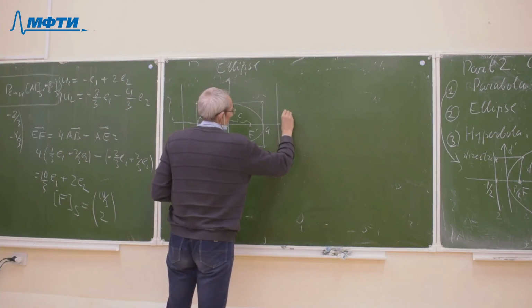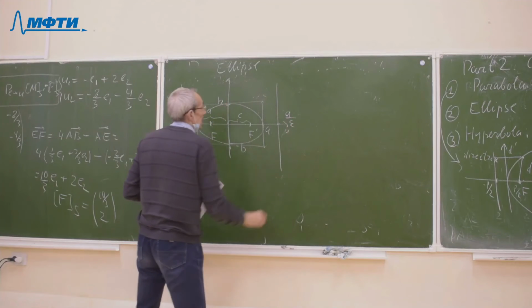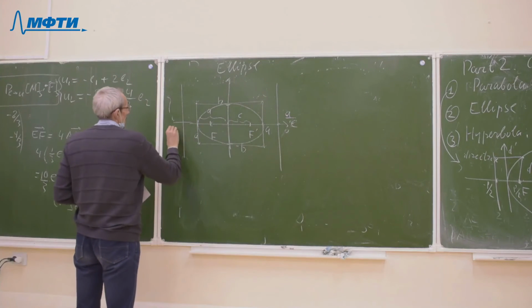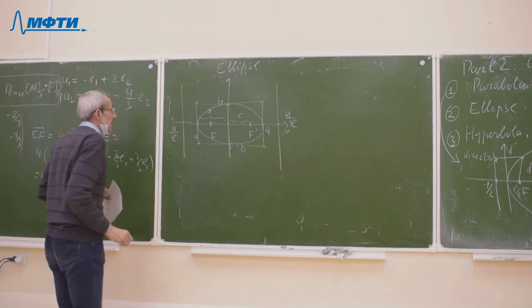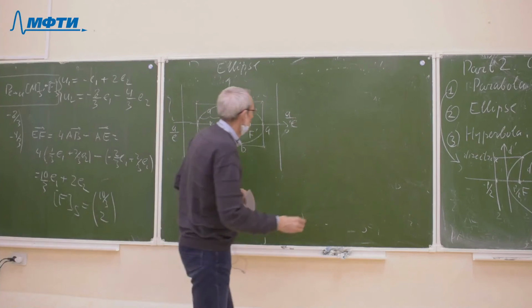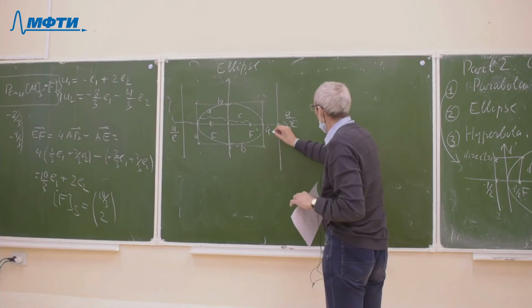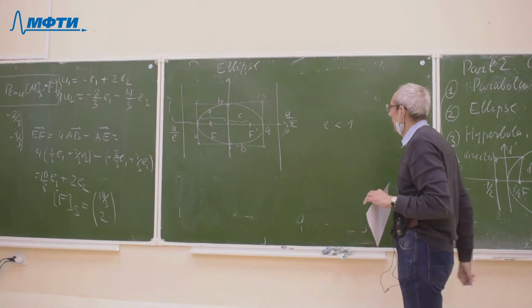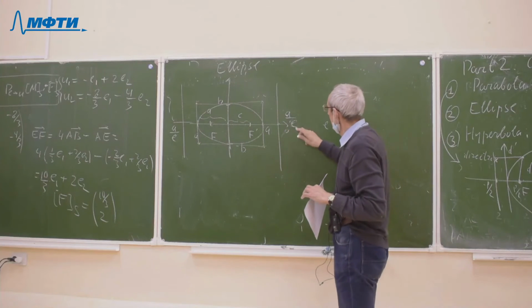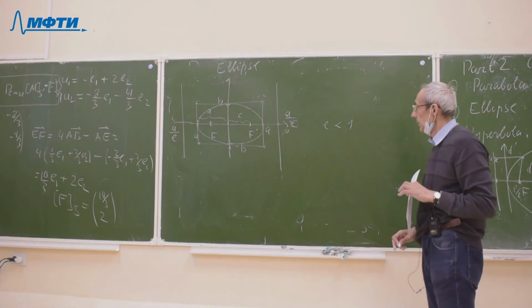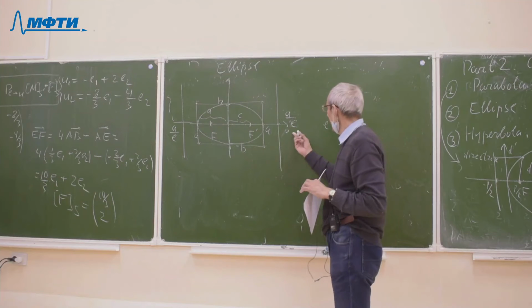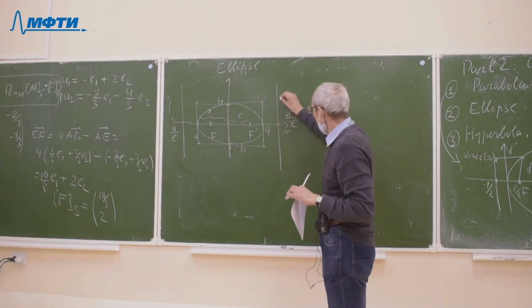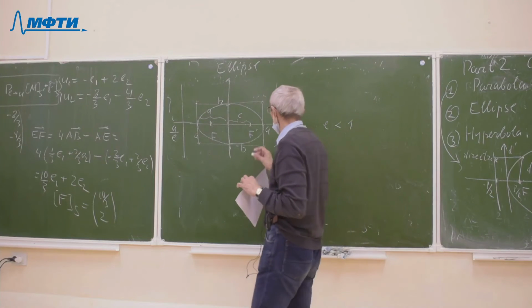This point, the ratio A to E, the ratio E less than 1, and the ratio A to E is larger than A, and we have two directrices.